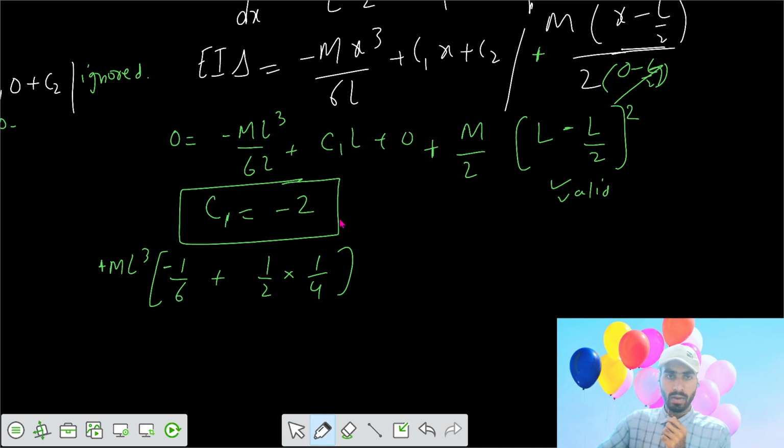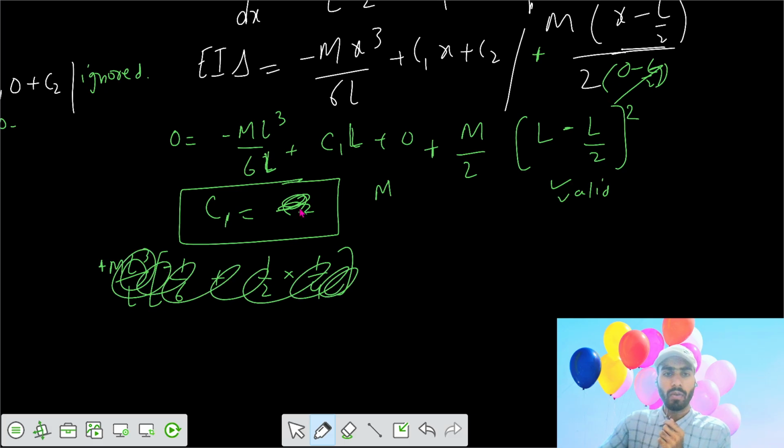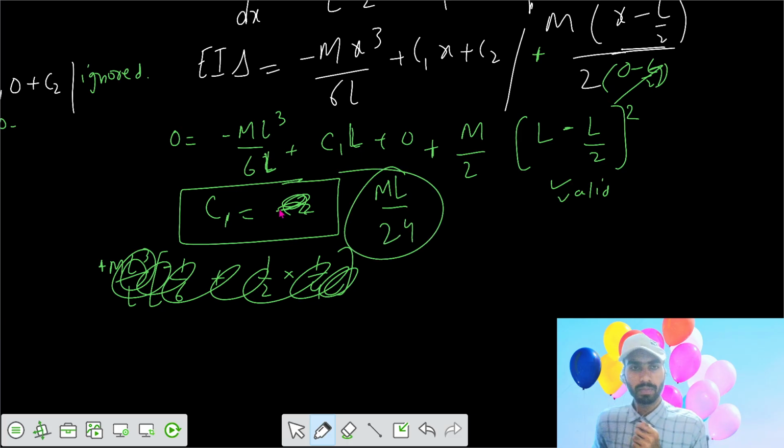So the value of c1 comes out to be M L, because c1 also has that value of L. So finally, if you calculate it, we get the value M L by 24. C1 would come out to be equal to M L by 24.